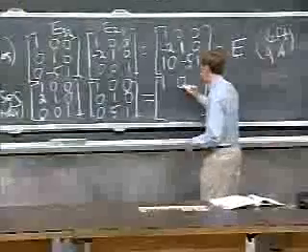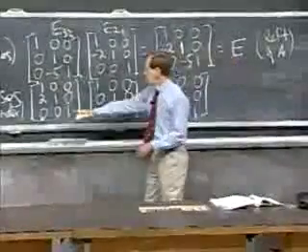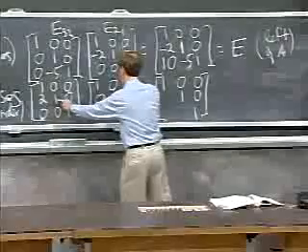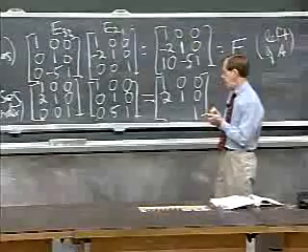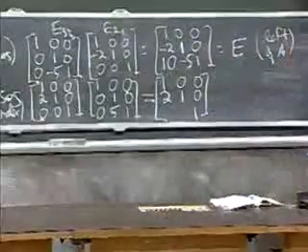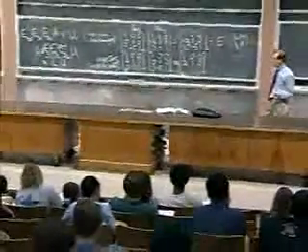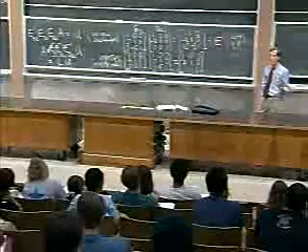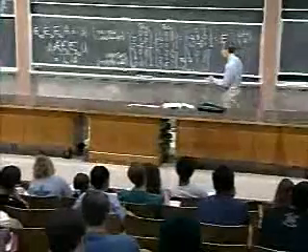I believe this comes out. So row 1 of the answer is 100. Then I have 210. So I get 210 there, right? And what's the third row in this product? Just read it out to me, the third row. 0, 5, 1.